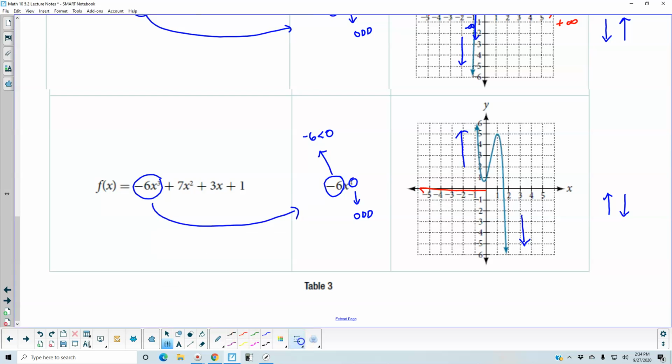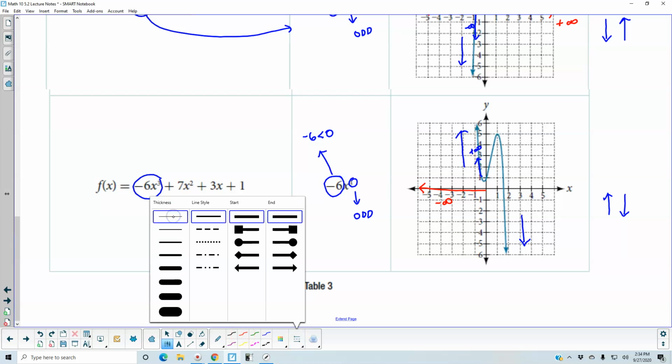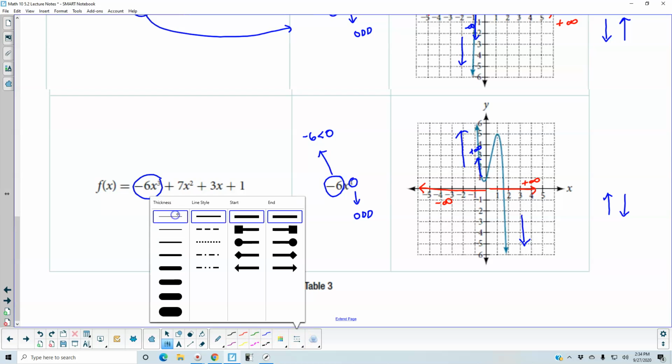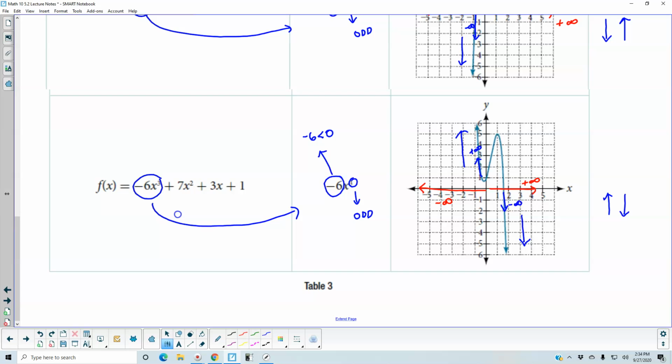So here, as x approaches negative infinity, we can see that our function is approaching positive infinity. And as x is approaching positive infinity, then our function is approaching negative infinity.